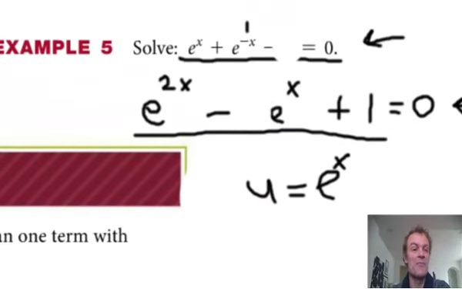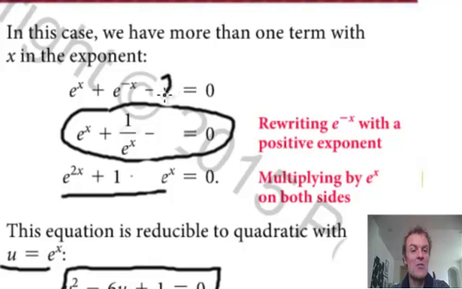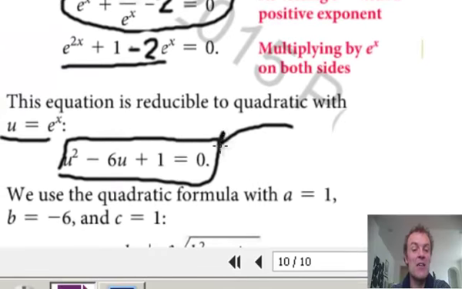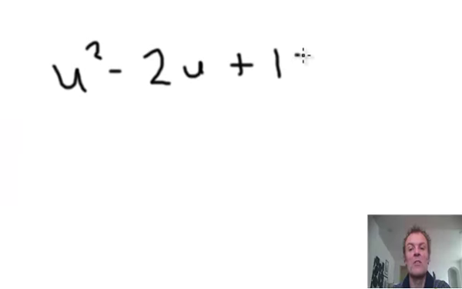So imagine this was actually minus 2. Okay, so this is what I'll have. If I do the substitution, I'm going to end up with u squared minus 2u plus 1 equals 0.